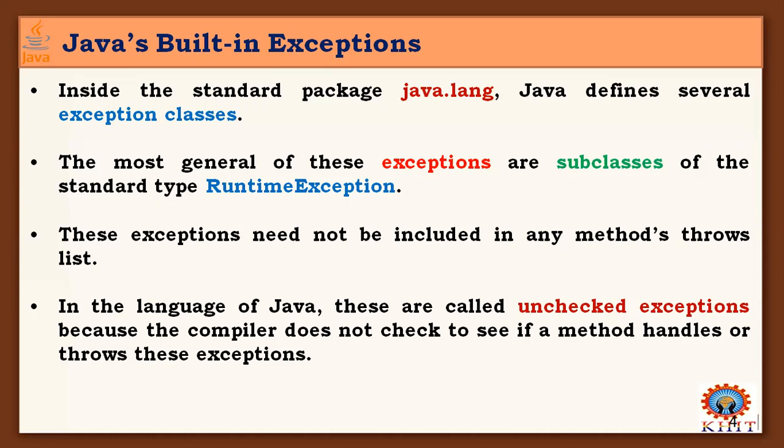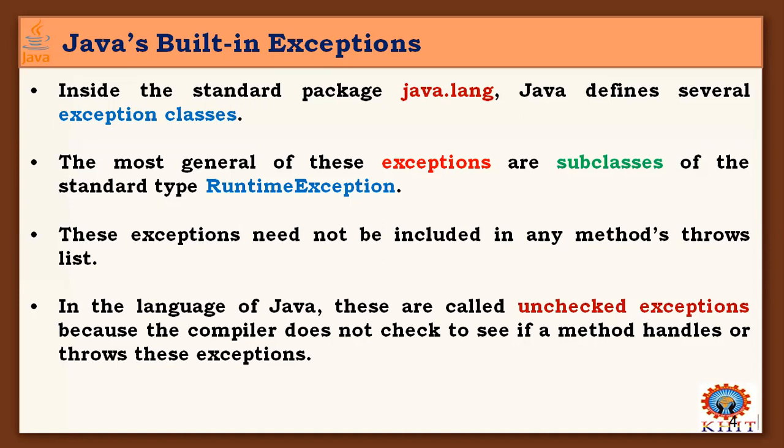We call these unchecked exceptions because the compiler does not check to see if a method handles or throws these exceptions. So usually we know that these exceptions need not be included in any method's throws list.